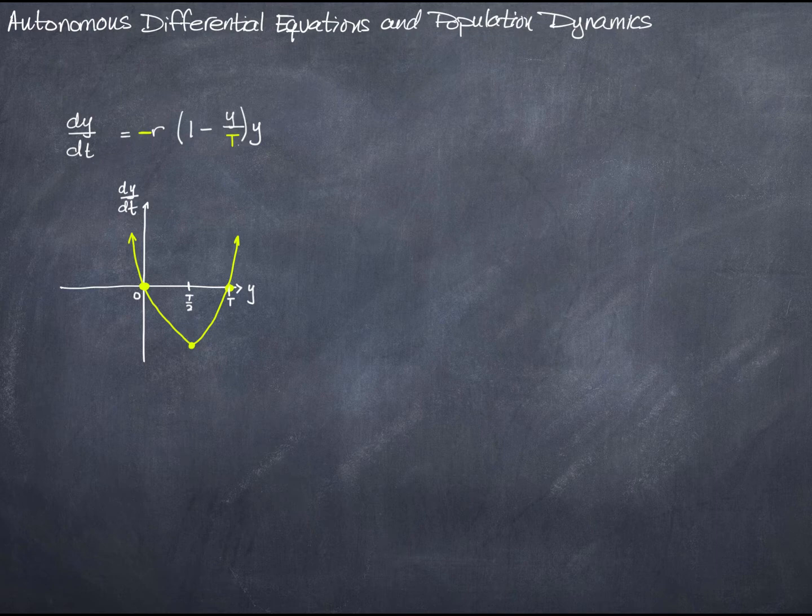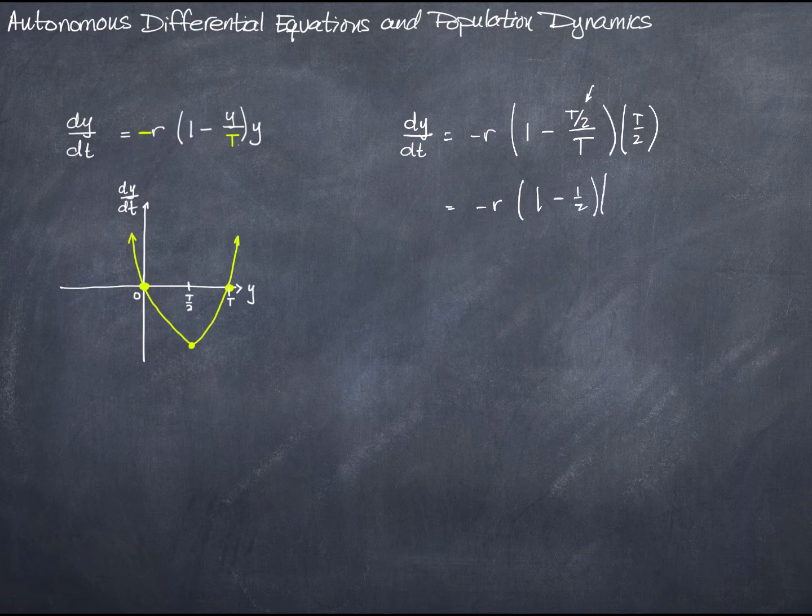When I plug t over 2 into my dy/dt equation, I get negative r times 1 minus, I'm plugging t over 2 in for y, and I get t over 2 here. This just becomes t over 2t, which is 1 over 2, that's a half, times t over 2.